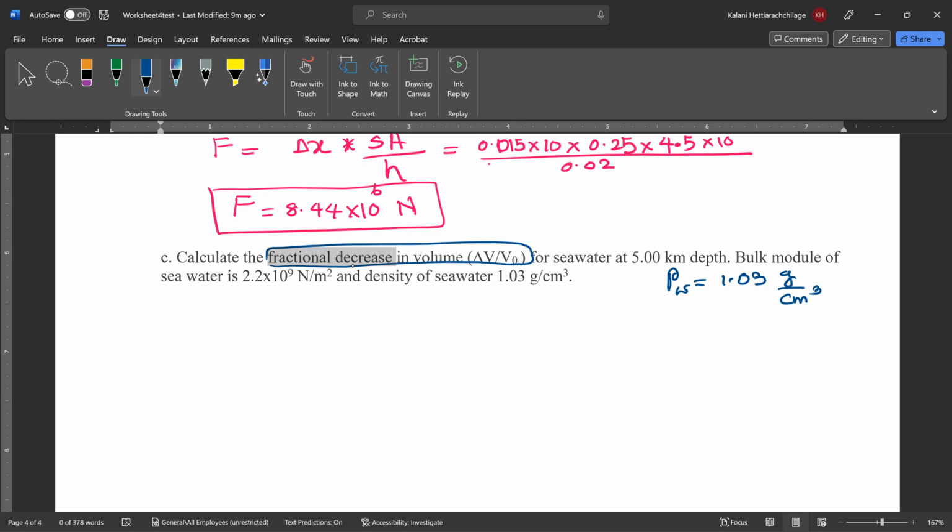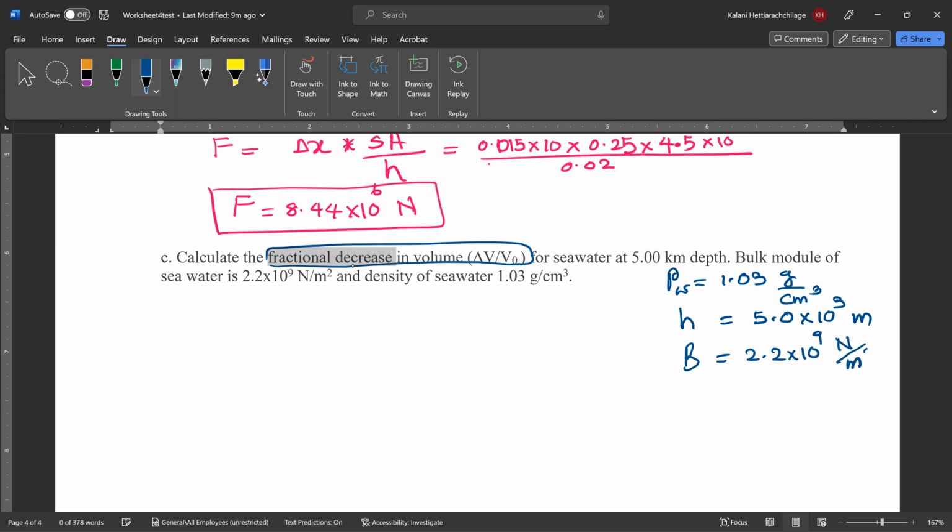The depth, I'm going to write as 5 kilometers, 10 to the 3 meters, right? And then we have the bulk modulus, we use B for that, 2.2 times 10 to the 9 newton over meter square.